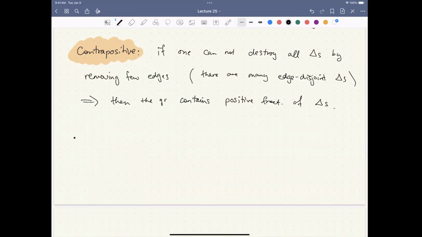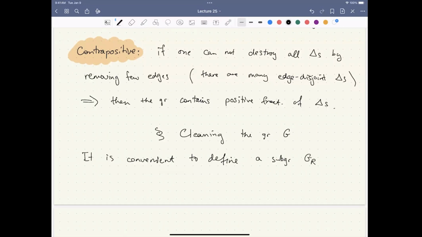For cleaning the graph G, it is convenient to define a subgraph, let's call it G_R of G, corresponding to a reduced graph.